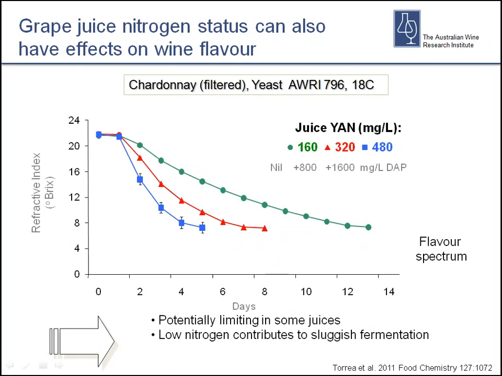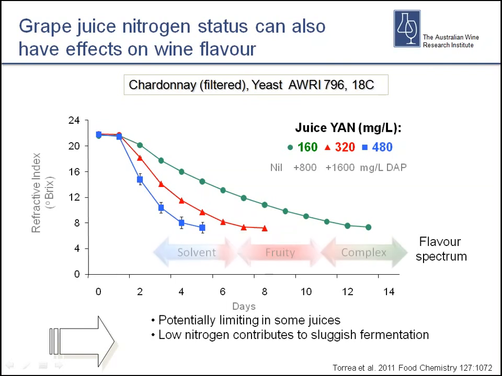So in this case, we had a low YAN juice that was supplemented with DAP such that the YAN would increase to 320 or 480 mg per litre. And this work's been published by Terrea et al. in 2011. So with increasing nitrogen, we get decreasing durations of fermentation. And this is largely due to increased biomass production at these higher levels of nitrogen.